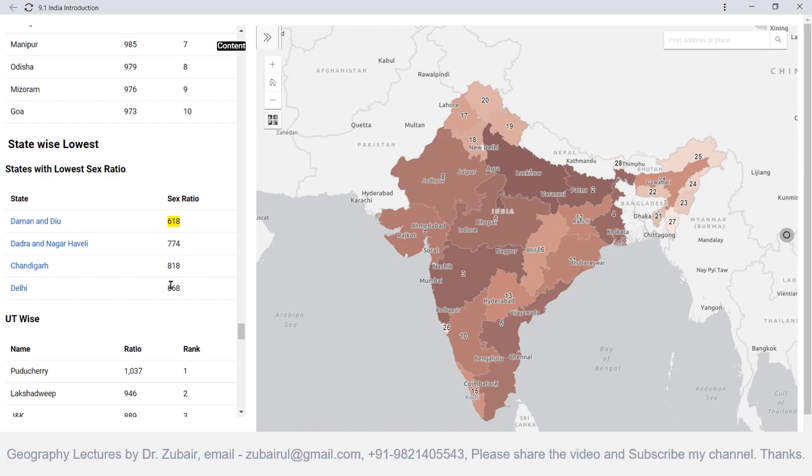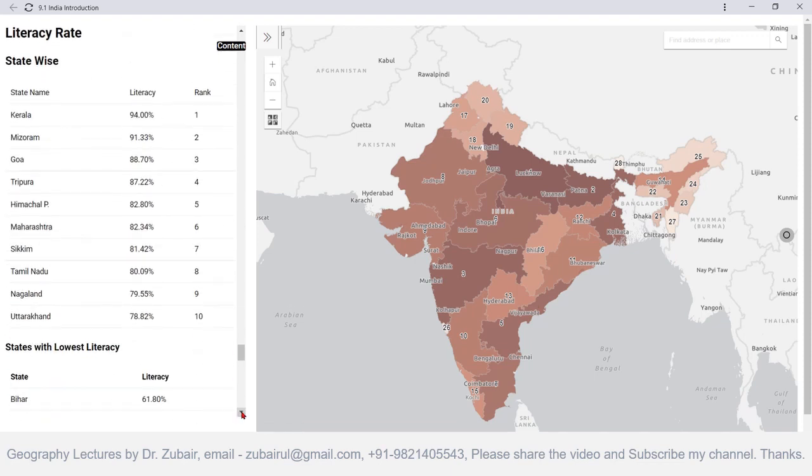Similarly, there are other states and union territories which have a low sex ratio. For state-wise literacy rate, Kerala is number one, then Mizoram, then Goa, then Tripura. All these are small area states. Then Himachal Pradesh.